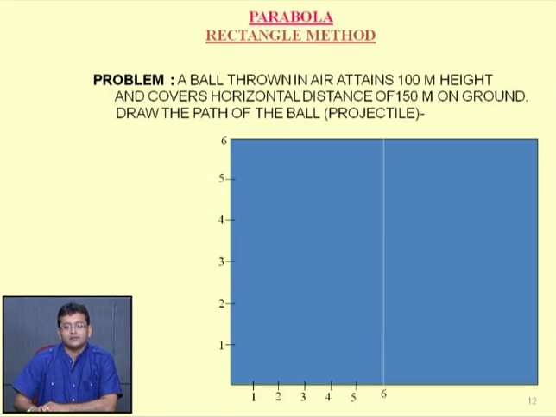Now join vertical points 1, 2, 3, 4, 5 and 6 to the top of the rectangle, just like this.